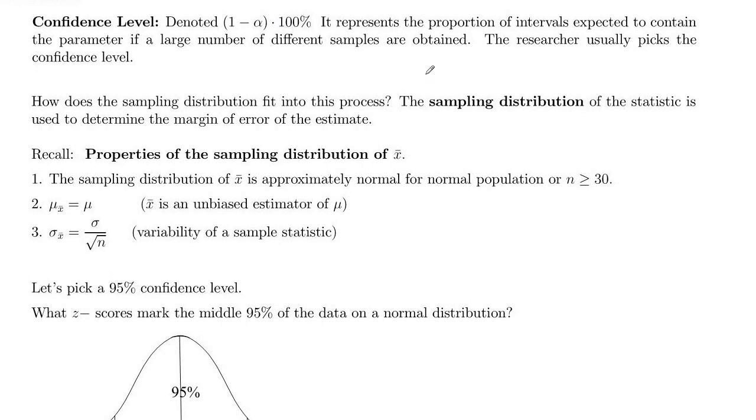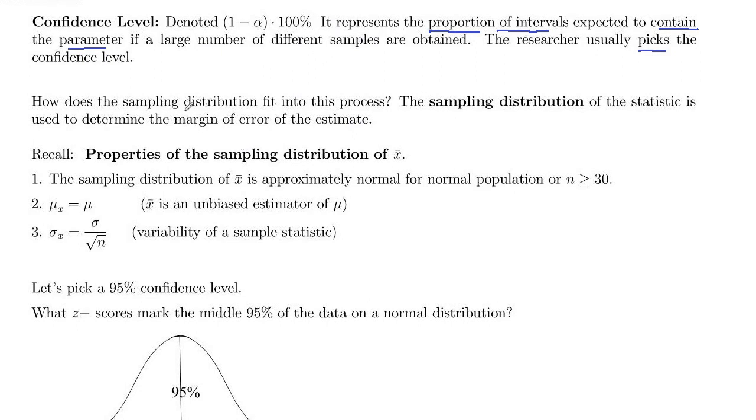And that confidence level represents the proportion of intervals that we would expect to contain that population parameter, in this case the population mean, if a large number of different samples were chosen. And now the researcher usually picks that confidence level.